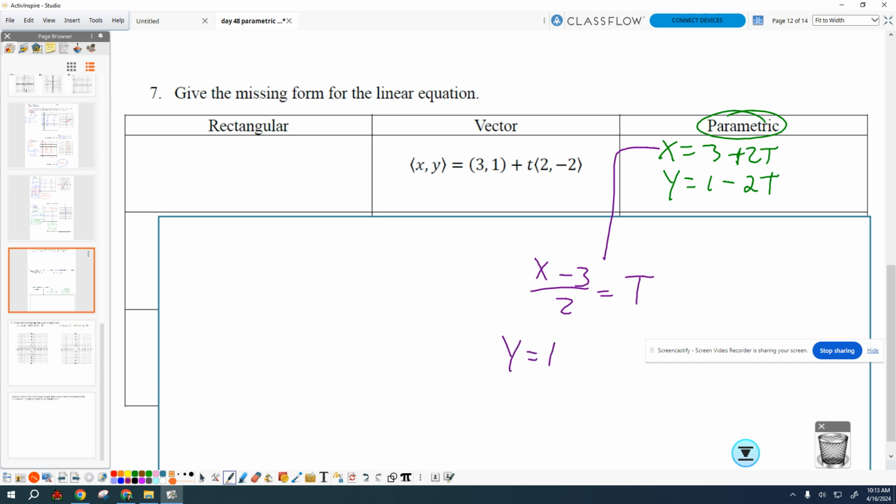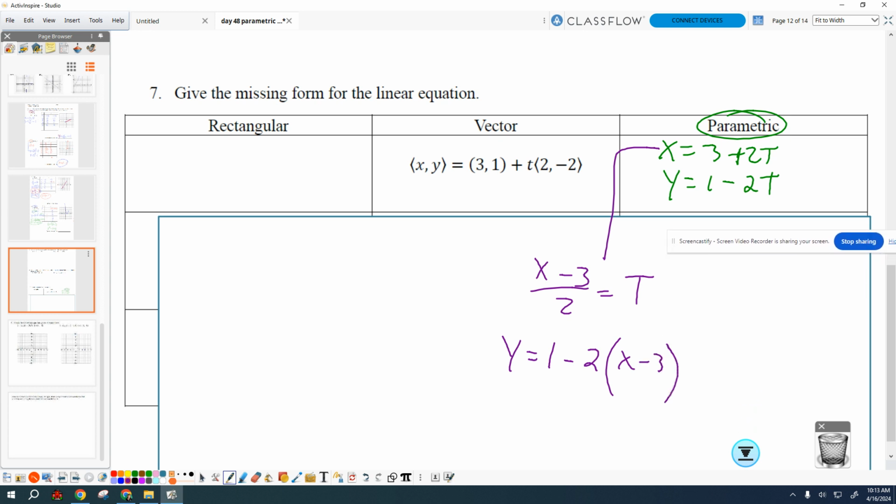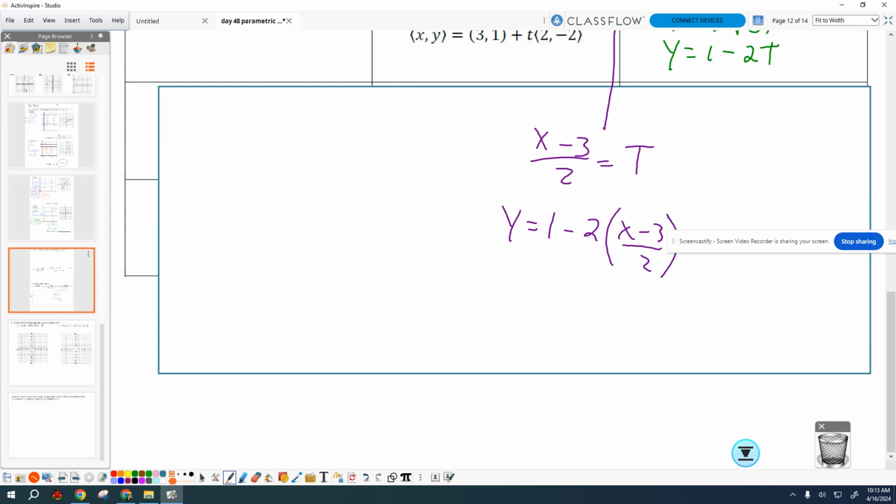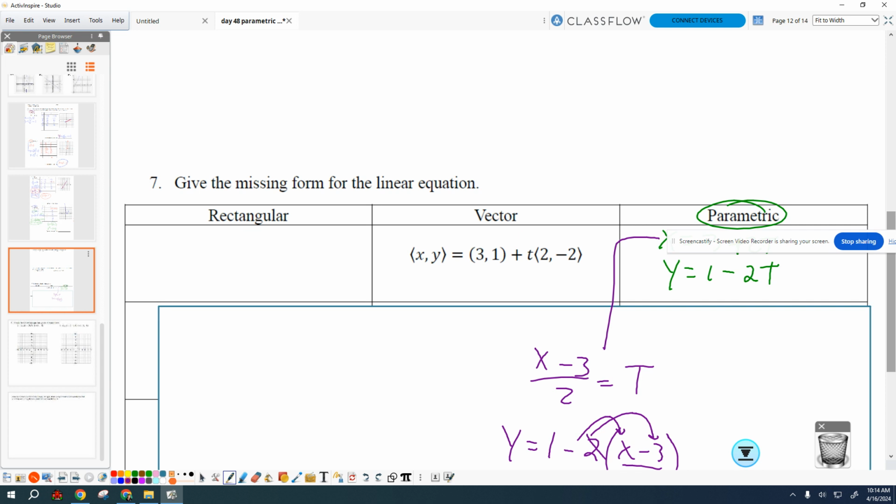And then I put it into the equation for y, and I did 1 minus 2 times x minus 3 divided by 2. What is x minus 3 divided by 2 times 2? X minus 3. Those 2's cancel and it's y equals 1 minus x minus 3. Now I have to carefully distribute the negative: minus x plus 3. So what is y equals with this cleaned up? Y equals negative x plus 4.